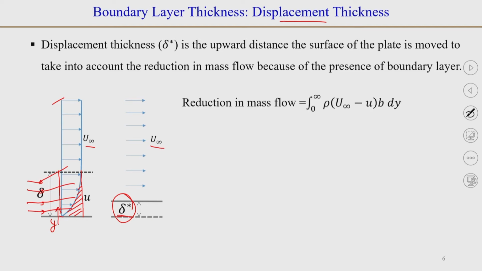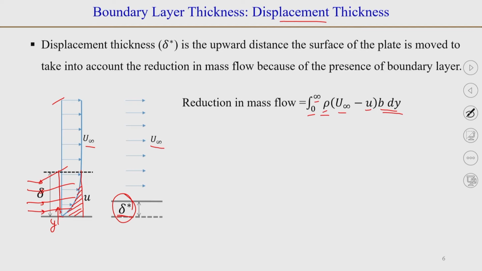So, we can do a simple analysis. The reduction in mass flow will be: the mass flow rate, if there is no boundary layer, would have been rho into u infinity into b dy integrated from 0 to infinity. But because we have a boundary layer, this will be rho u b dy.